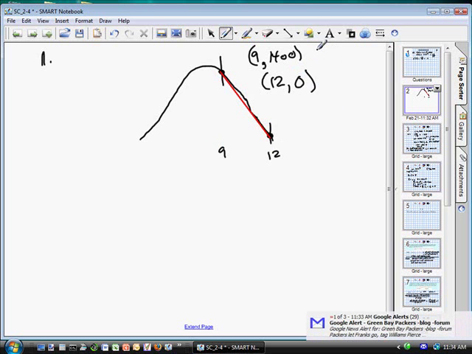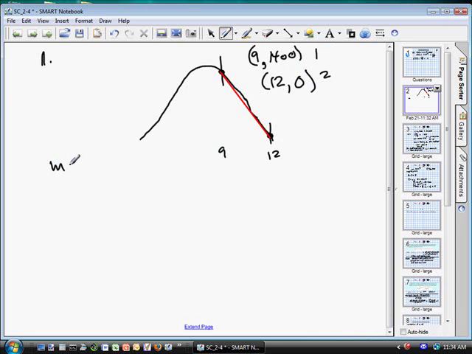Doesn't really matter. I'll say (x1, y1), (x2, y2): y2 minus y1 over x2 minus x1, negative 1400 over 3. And then if you can simplify it, you can. That would be what I would call the average rate of change.